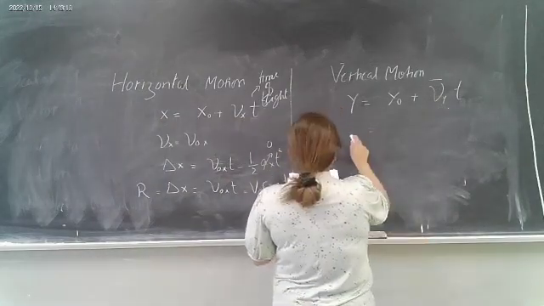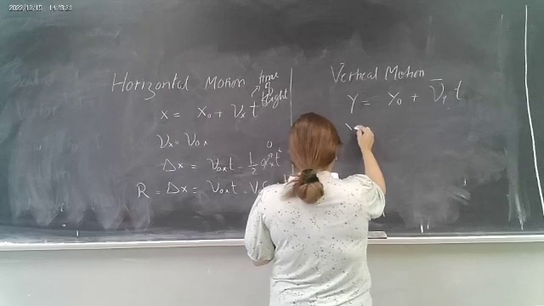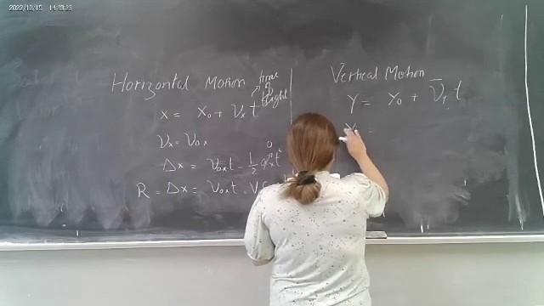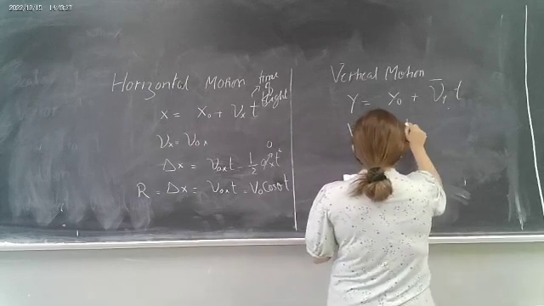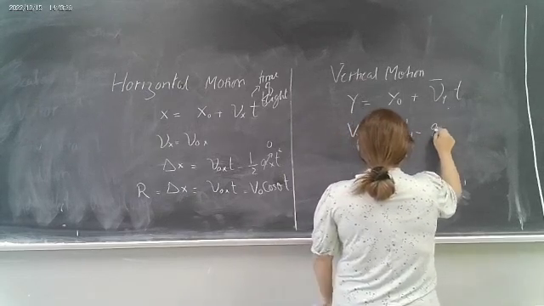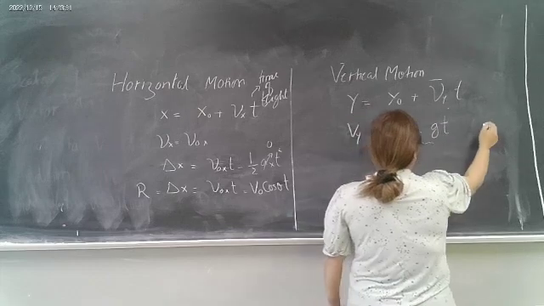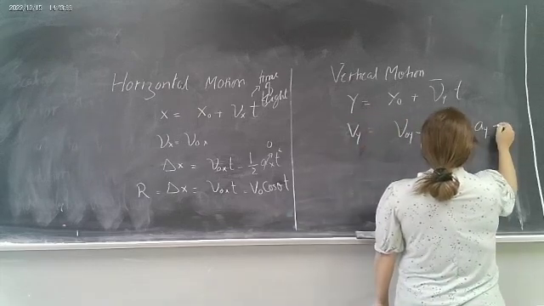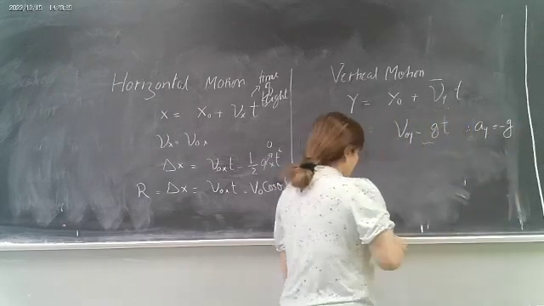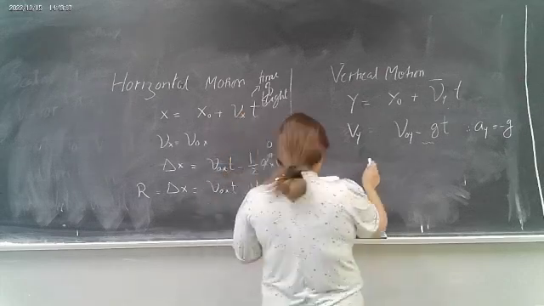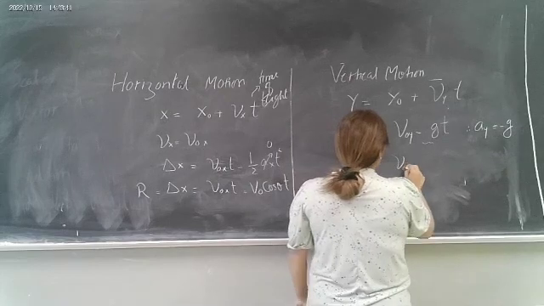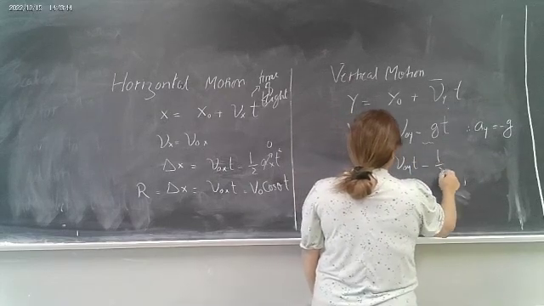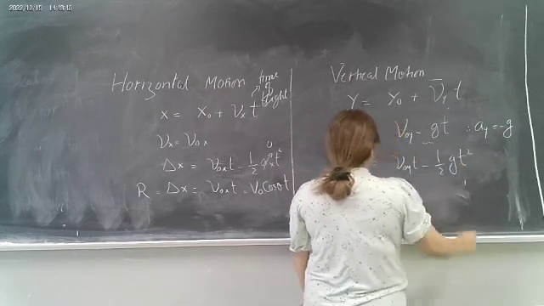Second equation, Vy, the vertical velocity at some time later, would be equal to V naught y minus gt because ay is equal to negative g. Then the next one would be delta y equals v naught yt minus half gt squared.